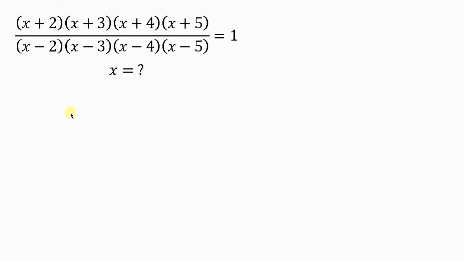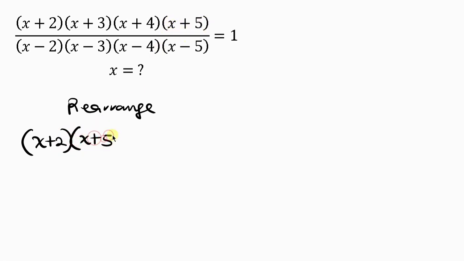Now the first thing I'm going to do will be to rearrange. So I'll take this, which is x plus 2, and pair with the last, which is x plus 5. Then I'll take x plus 3 and pair with x plus 4, all over.